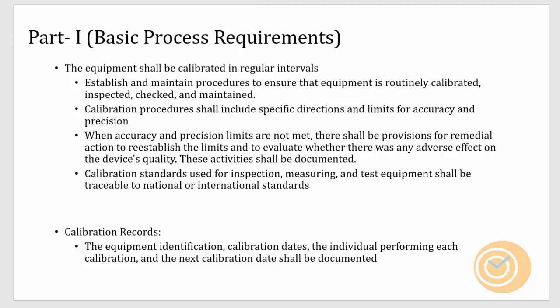And when you are doing the calibrations, your calibration standards should be traceable to national and international standards. Regarding the calibration records, you must have equipment identification, the calibration date, and the individual who performed the calibrations. And also you need to have documented procedures for doing the calibration work.